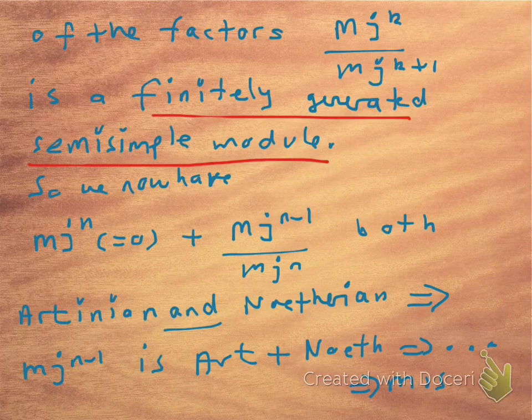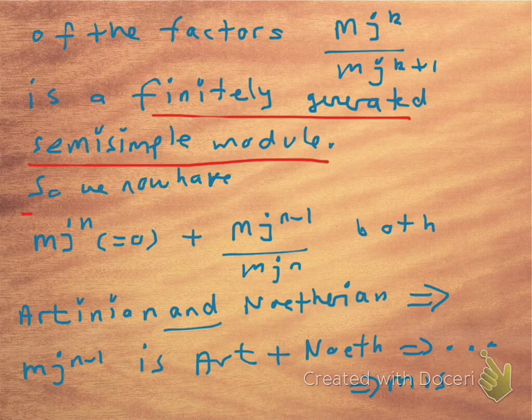Okay? So now we have MJ to the n equal to 0, and each, let's say MJ to the n minus 1 over MJ to the n, both Artinian and Noetherian. So what we are doing here at this point is carrying out an inductive argument starting with the very end module, that's MJ to the n, and the factor MJ to the n minus 1 over MJ to the n, and working our way up, again inductively, toward the M in the sequence we saw a couple of slides ago.